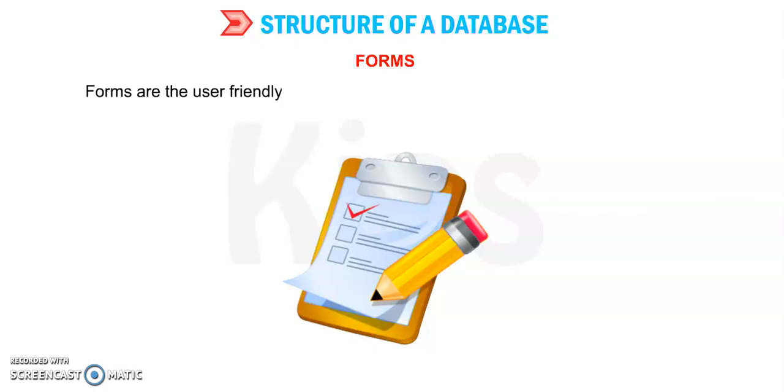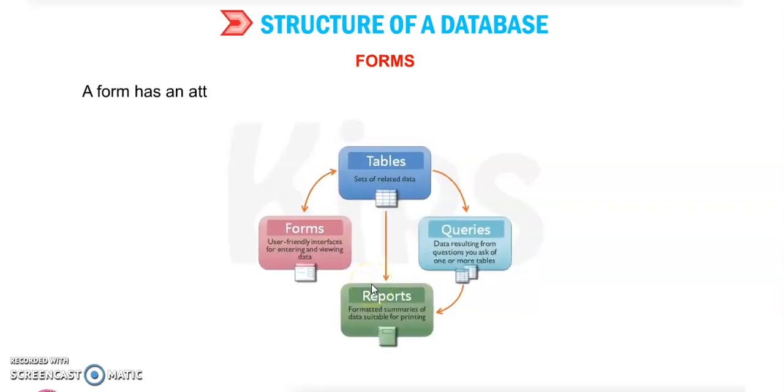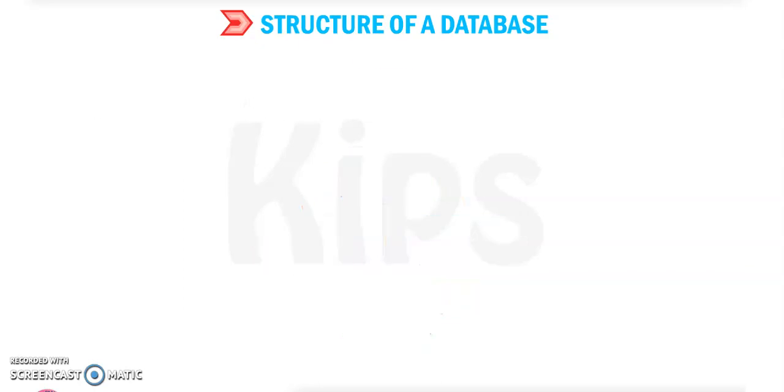Okay. Now the next element is forms. Forms are the user-friendly interface that facilitates the process of entering data in the tables and queries. The form has an interactive interface that accepts data from the user and forwards it to the corresponding tables or query. Okay, with the form we can represent our data well, in an understandable and attractive way.